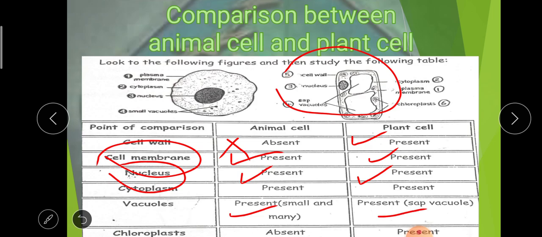Chloroplast is responsible for making food by absorbing sunlight to carry out the photosynthesis process. Does the animal cell make its food? No. So it's absent in the animal cell, but green plants absorb sunlight to make their own food, so it is present in the plant cell.